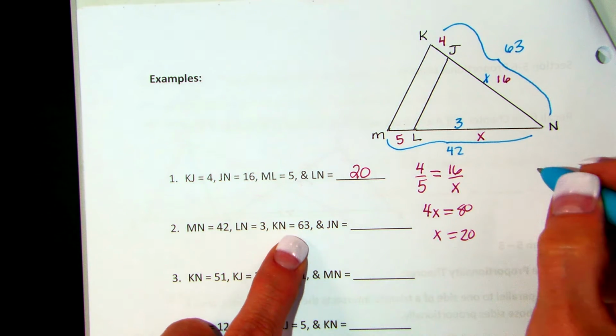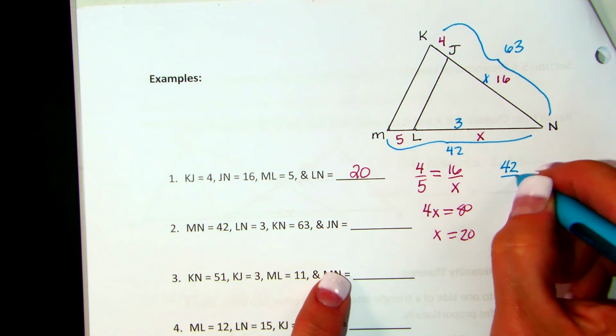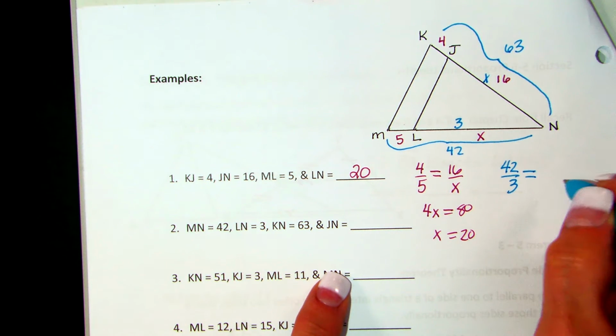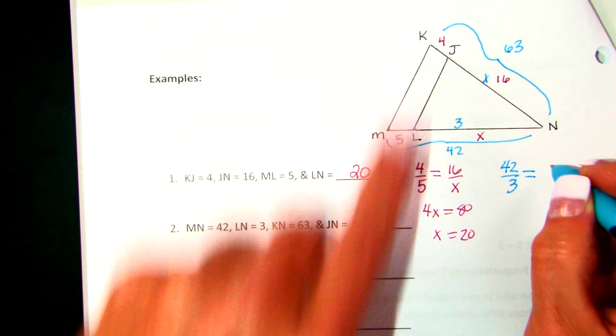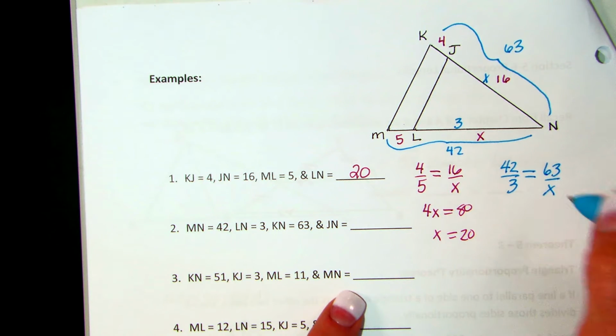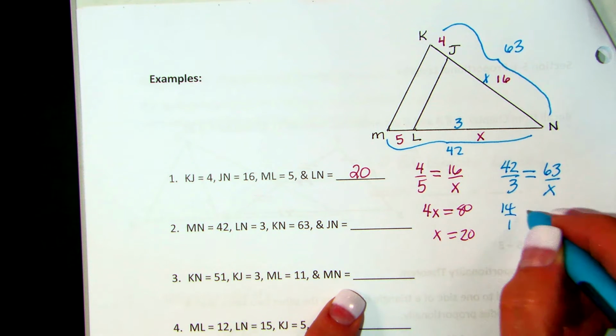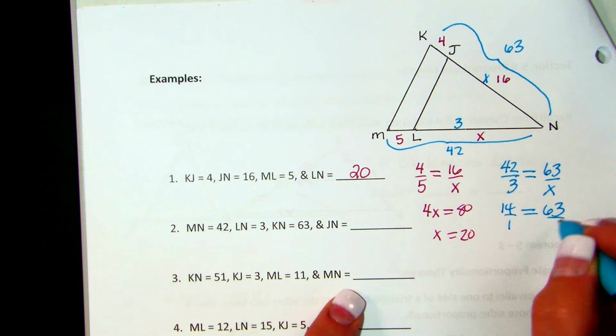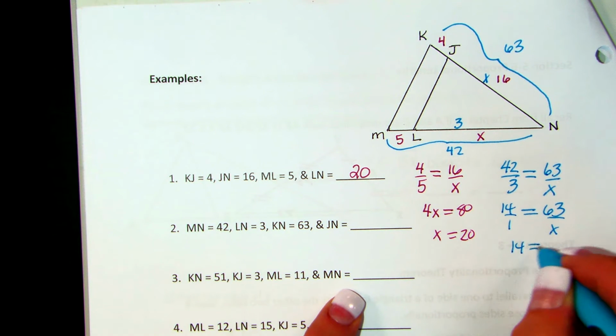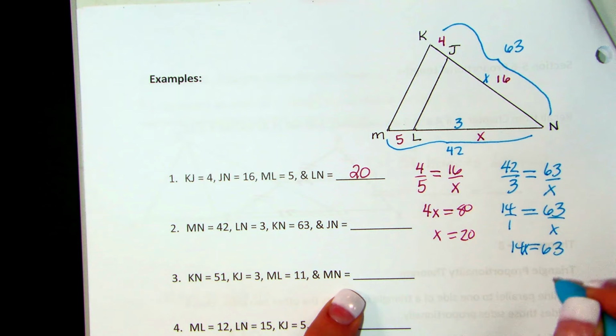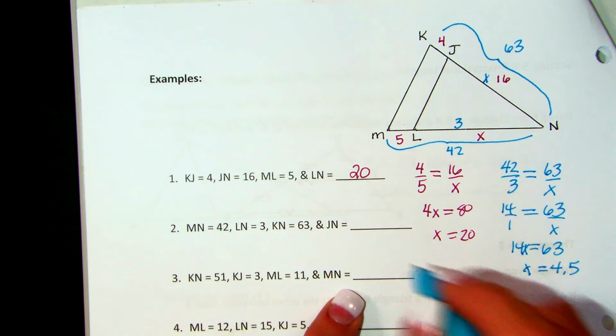So I set this one up as 42 is to 3 as 63 is to X. And then I reduced that to 14 over 1 equals 63 over X. So 14X equals 63, so X is equal to 4.5 or 9/2.